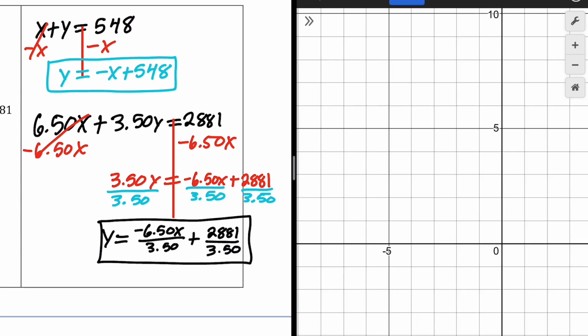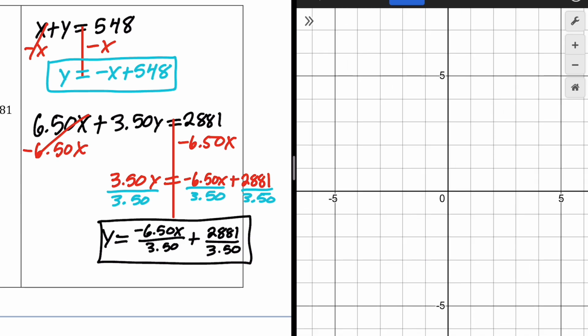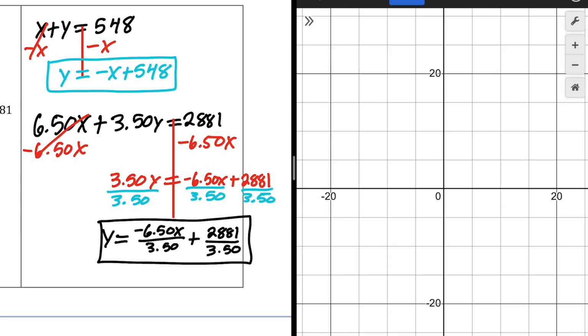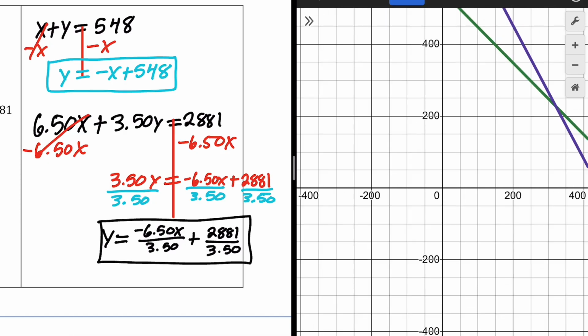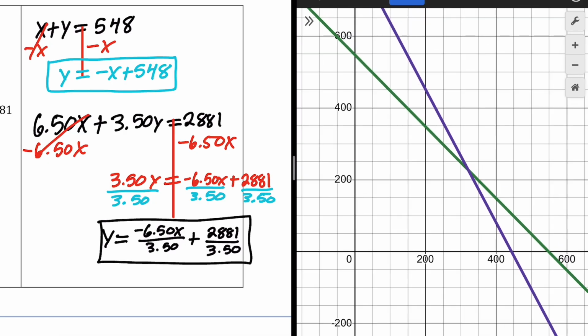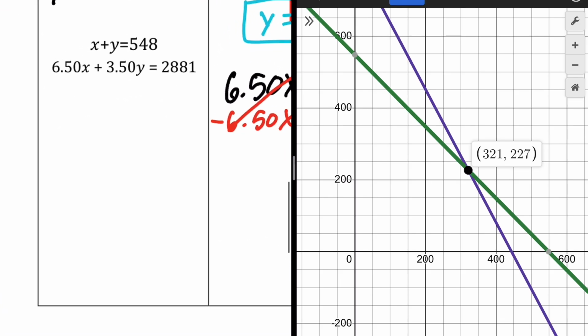Now, if you notice over here on decimals, I don't see anything, so I have to zoom out quite a bit until, there we go. Now I can see where my lines are crossing, and it looks like they cross at this point right here, which is 321 and 227.